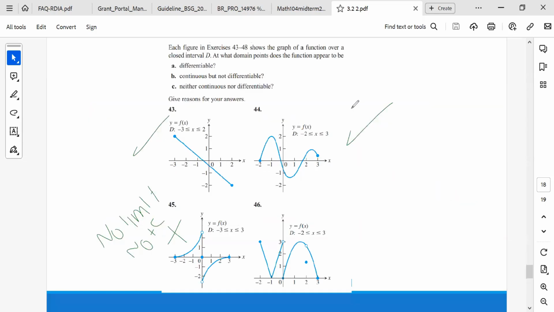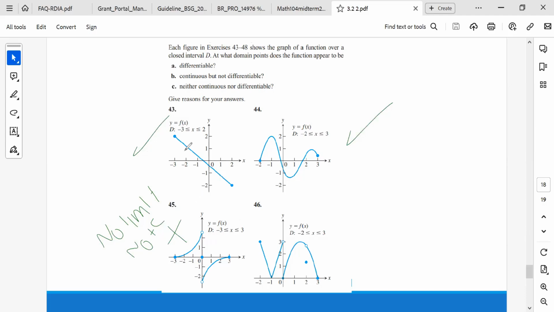Then خلينا نشوف مثال. So in this example, we have the graph of 4 different functions. السؤال, for each graph, we have to say where the function is differentiable, where it is continuous but not differentiable, and in which points it's neither continuous nor differentiable.